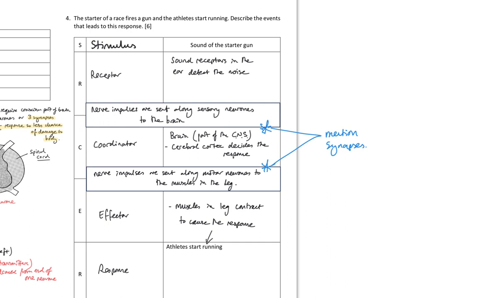The effector is either a muscle, which contracts, which I mentioned, or it could be a gland, which would secrete. They like to ask about the secreting, if it's a sweat gland. It's the only gland that we really learn about, sweat, in relation to cooling.